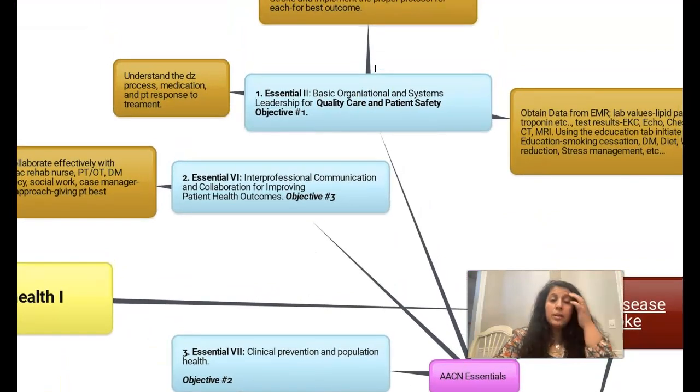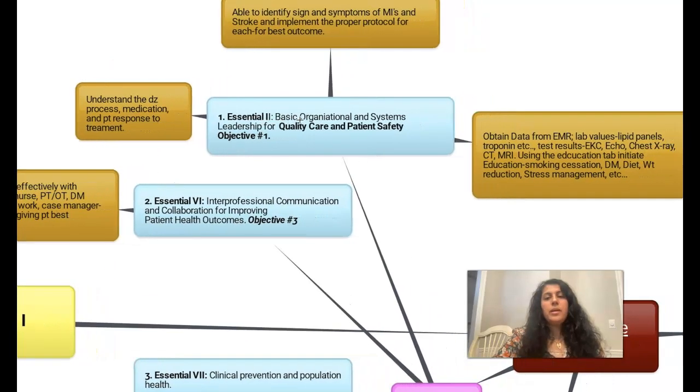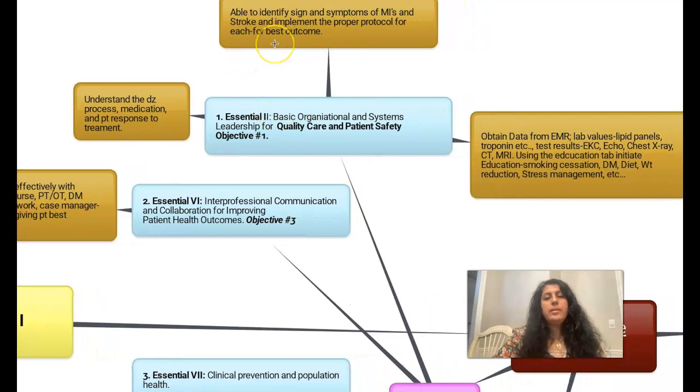Under this one, it is important that the BSN student understand the disease process, medication, and how patients respond to medication. In more detail, the student will be able to identify signs and symptoms of MIs, for example, and strokes, and implement the proper protocol for each of these for the best outcome.